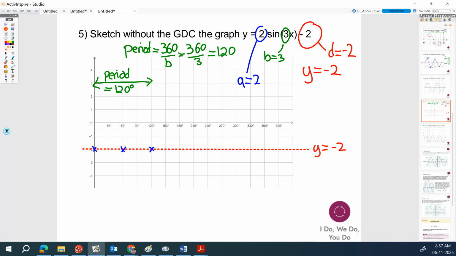So the maximum is going to be at 30, and we go up by A to find the maximum. So this is the distance A, which is equal to 2. Halfway between the other two is at 90 and we go down by that one. So this is minus A. So we go down by A. So this gives us our 3 points. We go up and down like this.